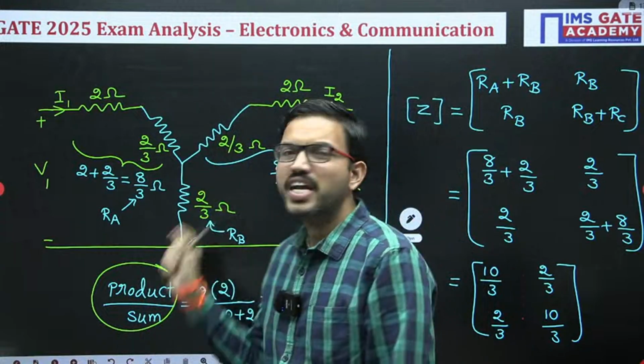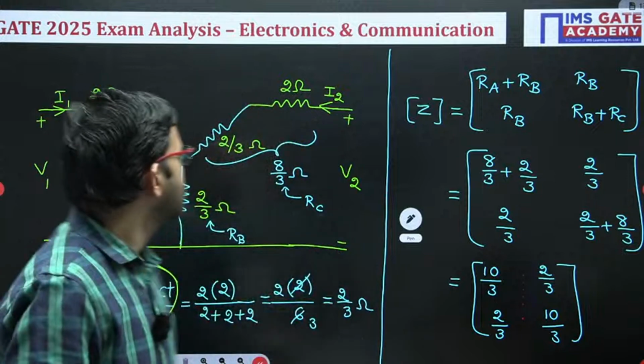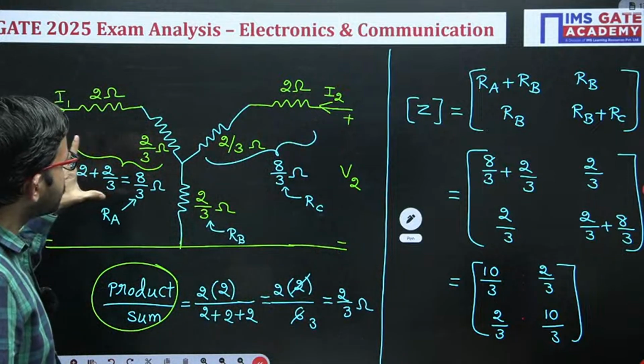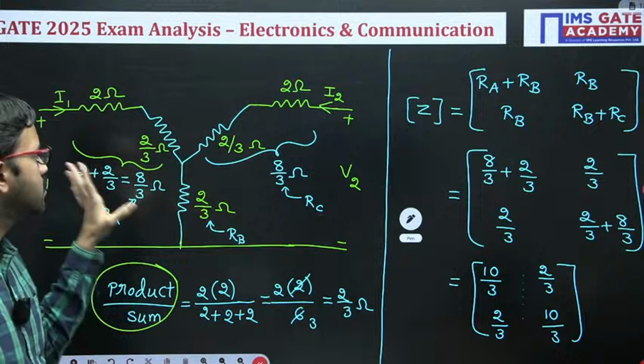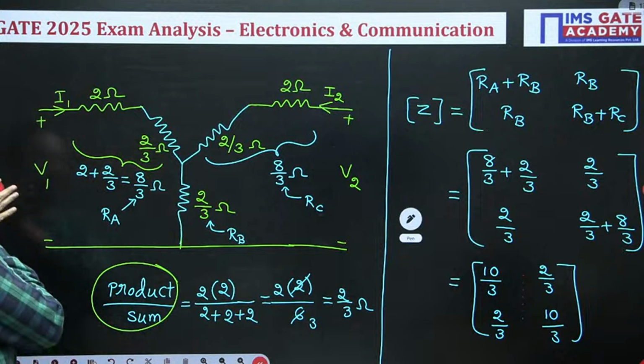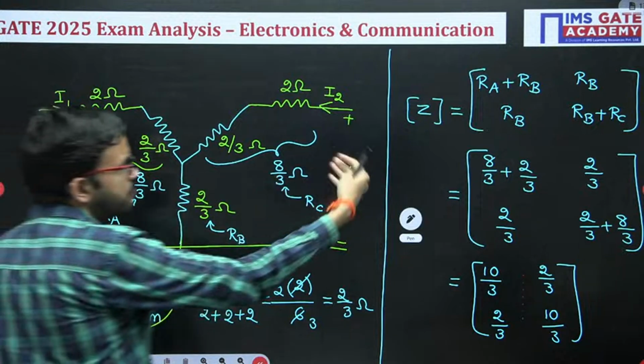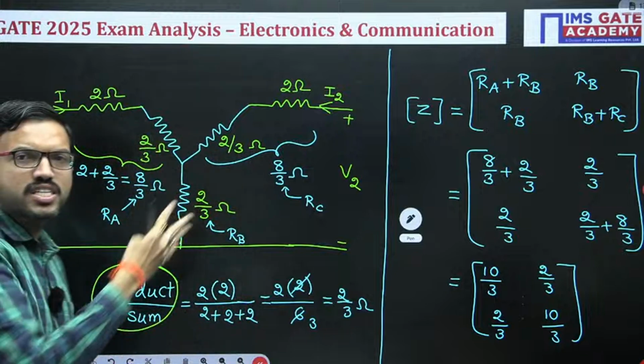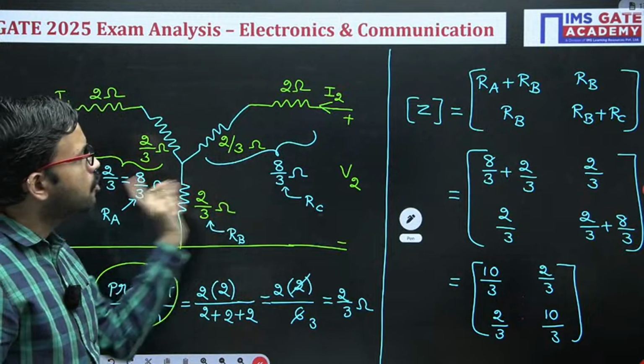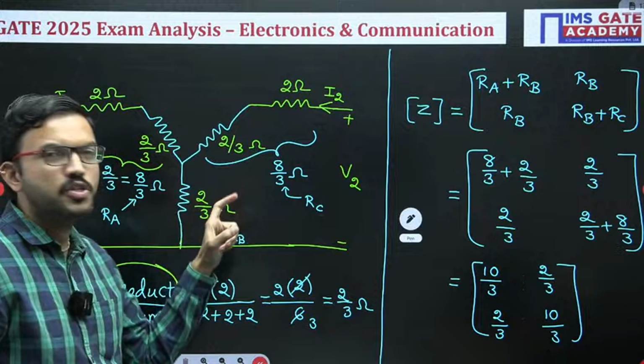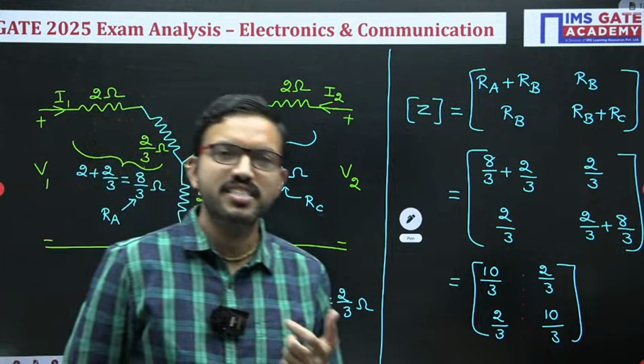So even by those conditions, just by observation of the given two-port network, when you look at the network from this side and from this side, since the given network is looking the same from either port, that means the given two-port network is a symmetrical network.